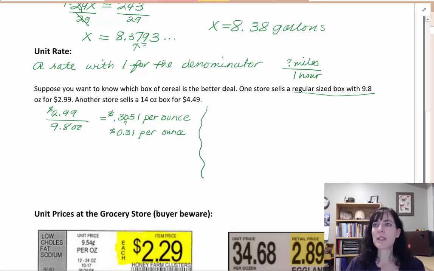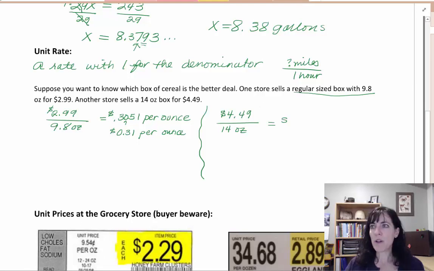Now the second box of cereal was 14 ounces for $4.49. So I want to show that $4.49 per 14 ounces. And then when I divide those out, again, 4.49 divided by 14, and I get 0.3207.